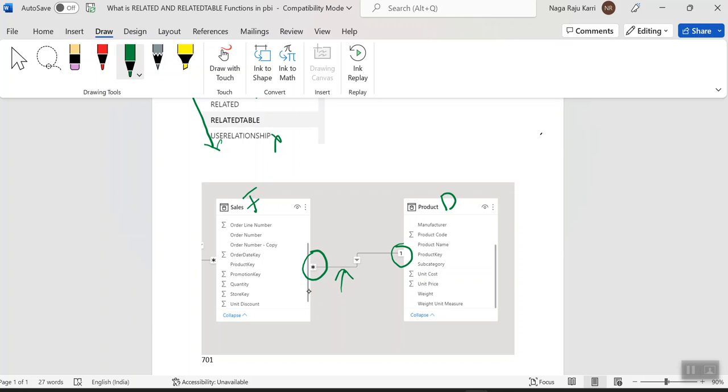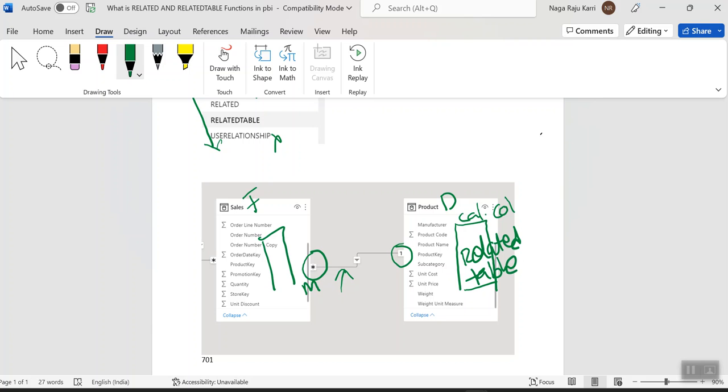So here the explanation is going to be simple. If you are going to add an additional calculated column on the one side of the relationship, you have to use the RELATEDTABLE function.